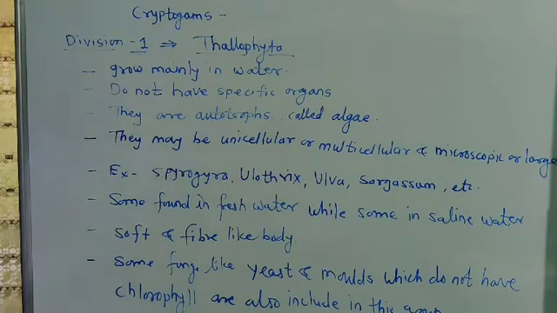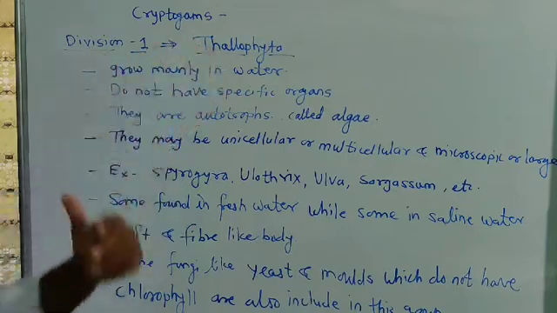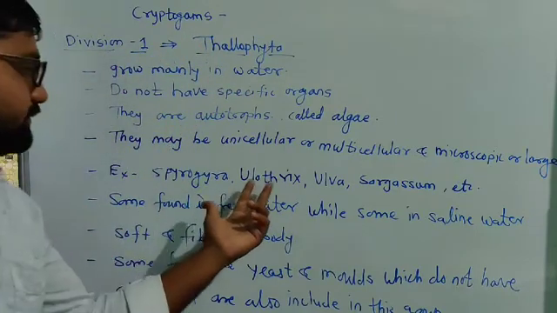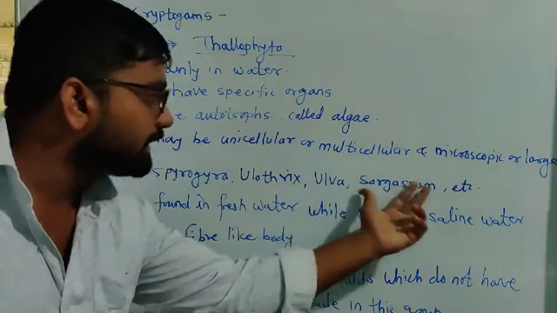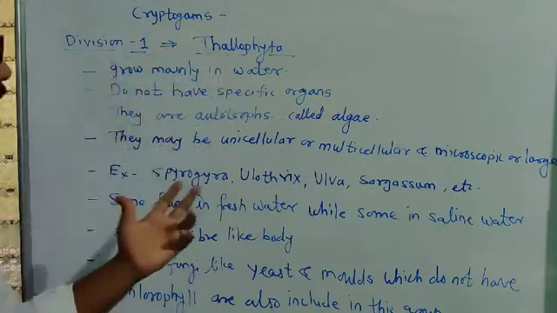Examples: Spirogyra is one example of this division Thallophyta. Then Ulothrix, Ulva and Sargassum are also examples of this division.